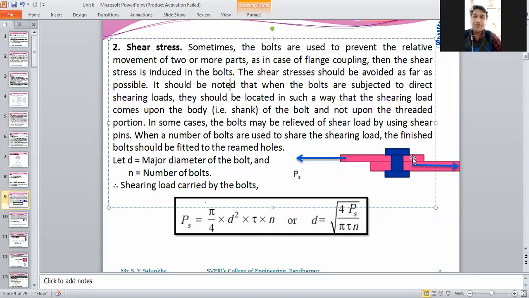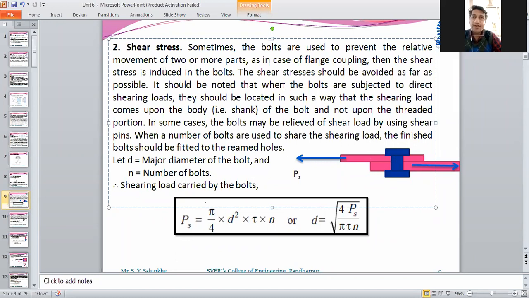We have to calculate the dimensions of the bolt against shear stresses too, because we know that the shear stress capacity is half of the tensile stress. Hence, a bolt which sustains a given tensile stress may not serve in case of shear, so they are designed for shear also.